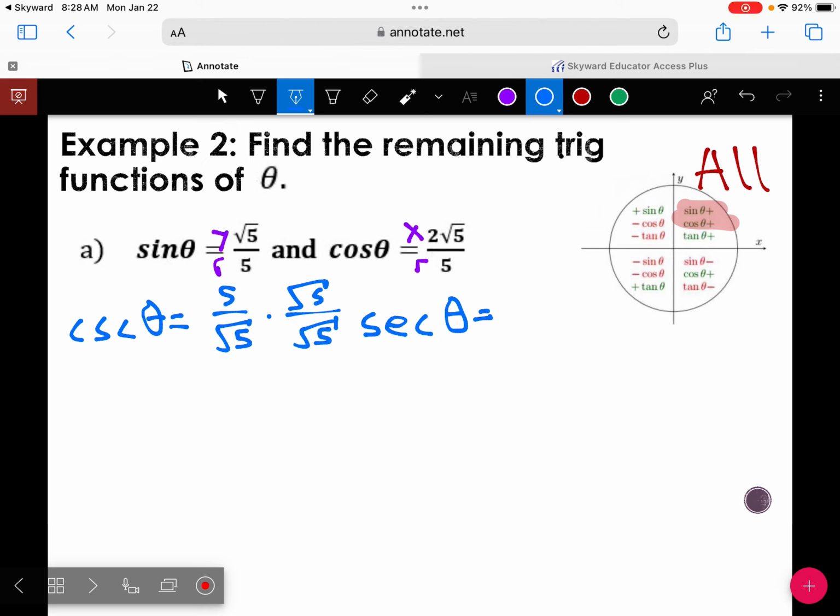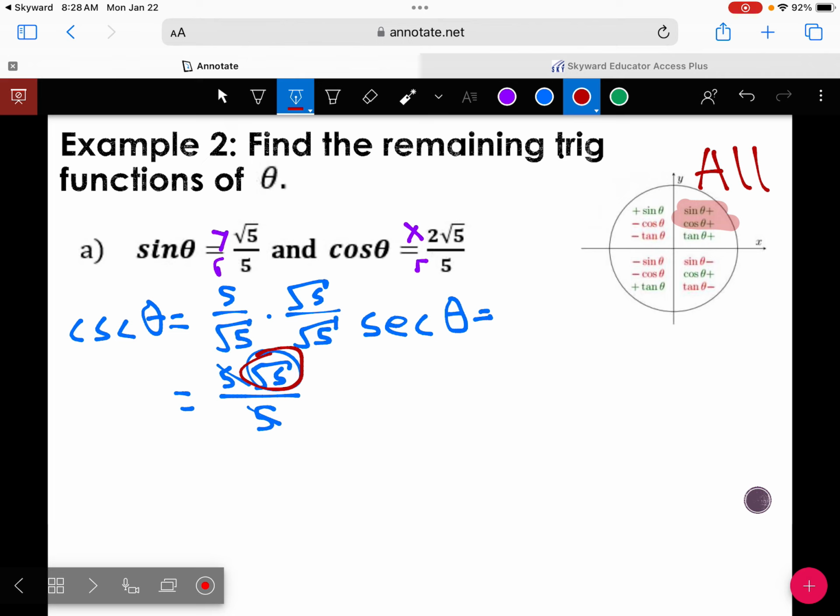And that's going to give us 5 root 5 over 5. Do you guys agree with me to there? Yep, those 5s are going to cancel out. That's going to leave us with the answer of just, oh, that was supposed to be in red. That's going to leave us with the answer of just root 5. Give me a thumbs up if you're able to get cosecant.